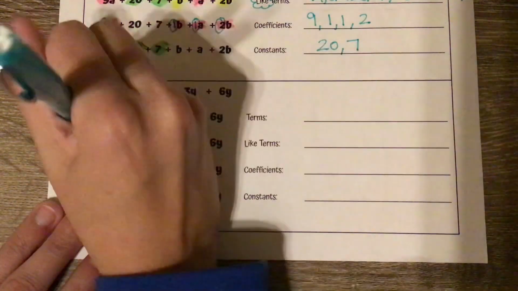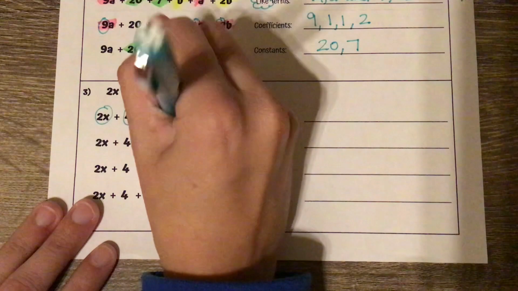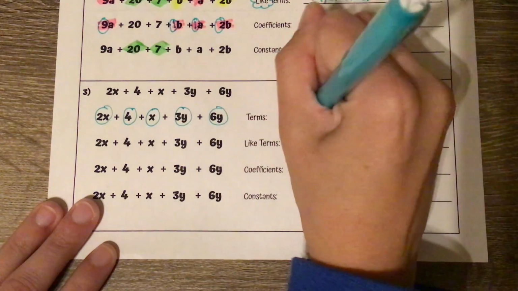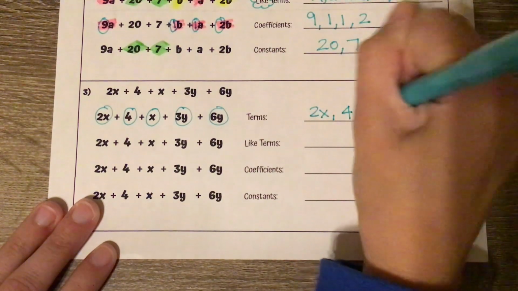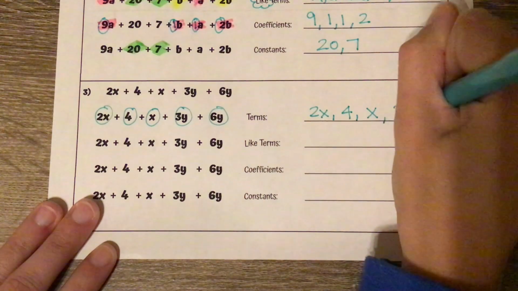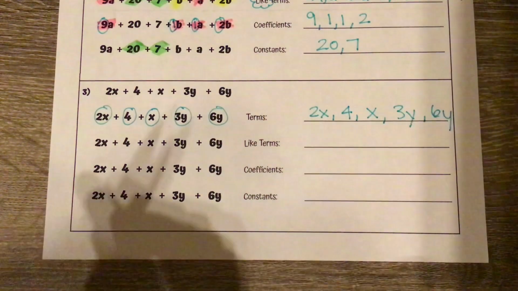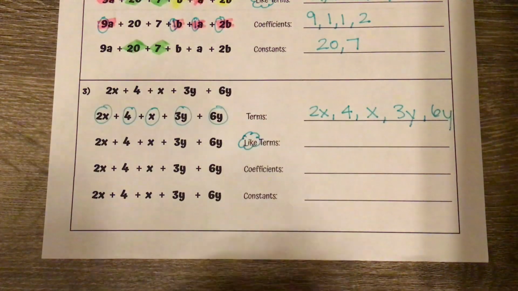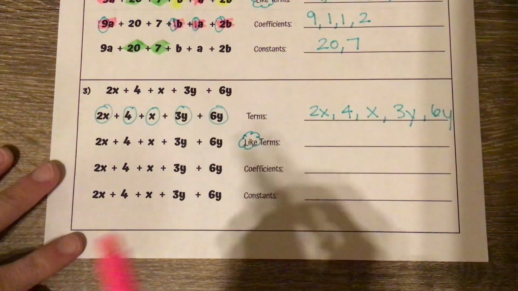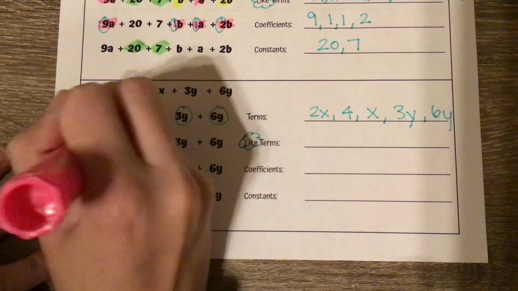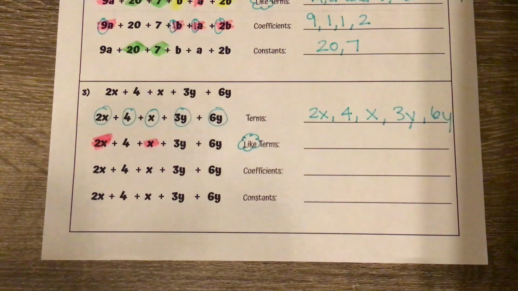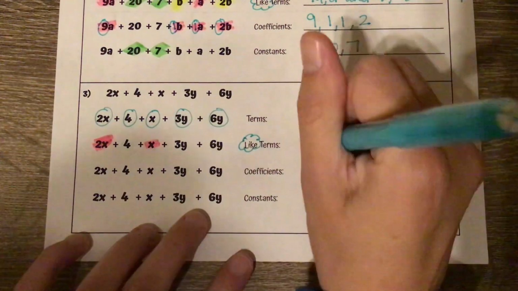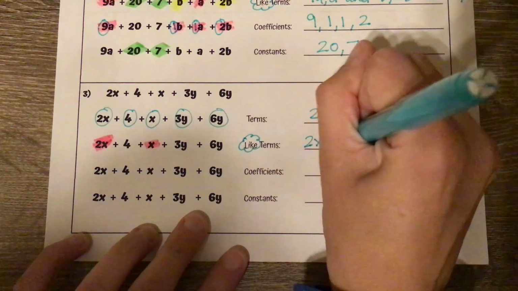Last one, our terms, again, it's everything separated by the plus signs here. So 2x, 4, x, 3y, 6y. Our like terms are the ones that have the same variable. So we have 2x and x is a pair of like terms.